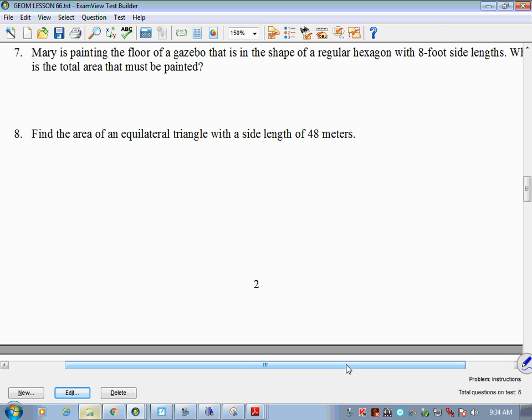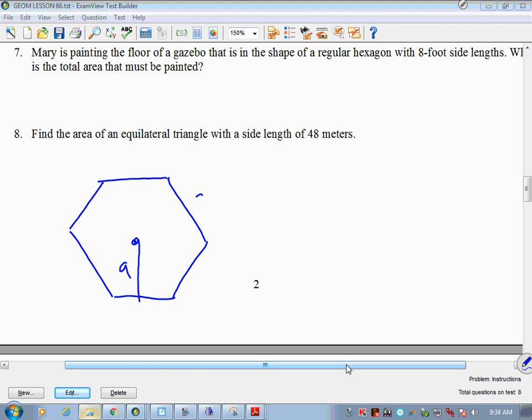So if I'm drawing a picture of this, I'm getting something that looks like this, where this is my apothem, A, and that's my side length. So that's perpendicular. What is this length right here? 4.